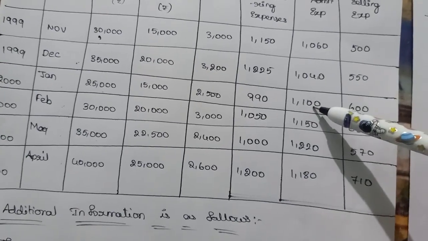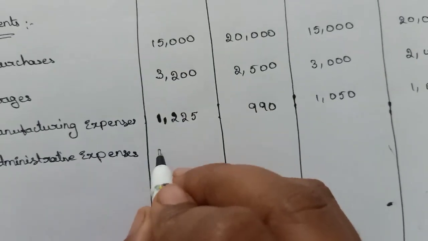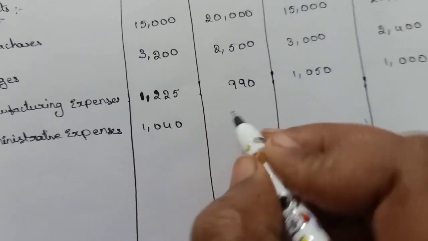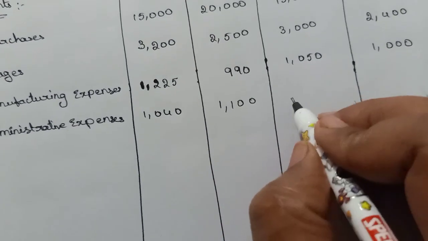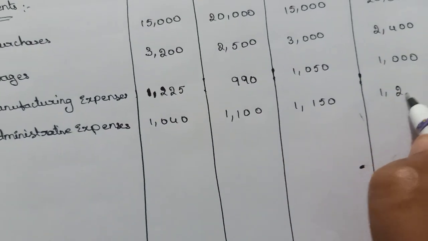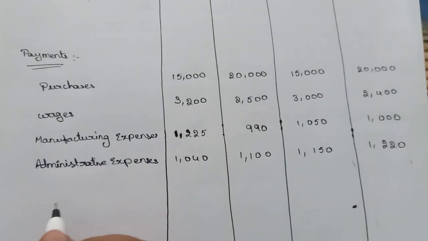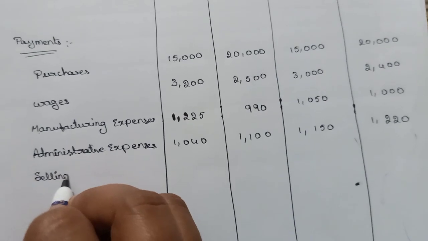So we have to note it down in January. So what is the amount of December? 1040 and 40, that is 1100, 1150, 1220. Next one is selling expenses.